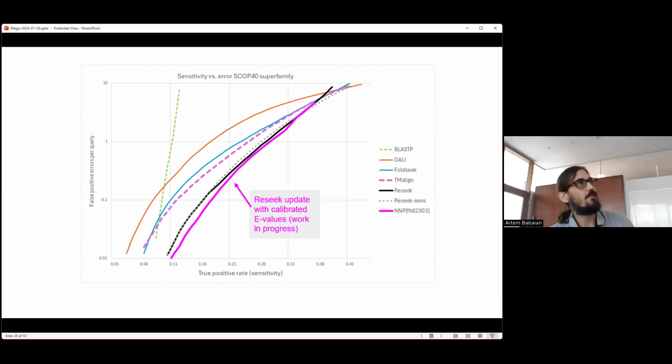So for this figure, like from a presentation, I need to see the false positives of DALI, or the examples of where the marginal improvement is in Reseek over the other methods, because it's really hard to make a judgment with just the curves without actually seeing what these look like.